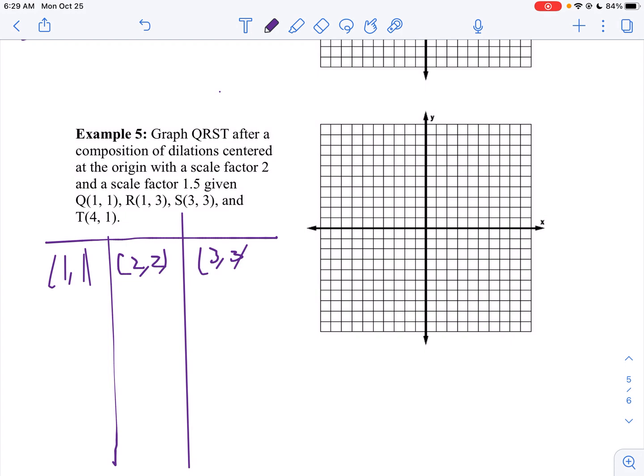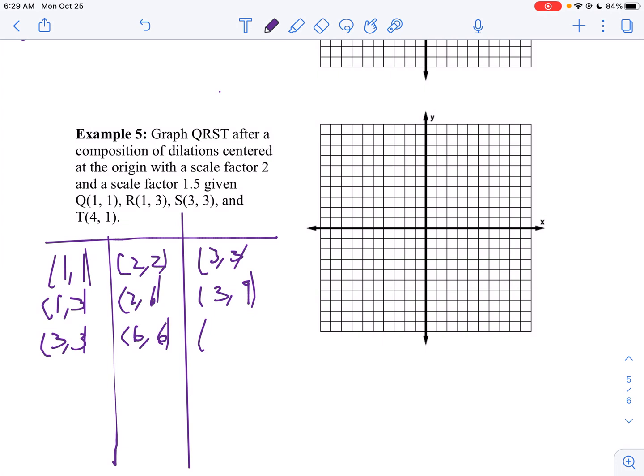Then I'll take 1 and 3. Double that. That'll be 2 and 6. Take that times 1.5 and I get 3 and 9. Then my next one will do 3, 3. Well, that'll give me 6, 6.